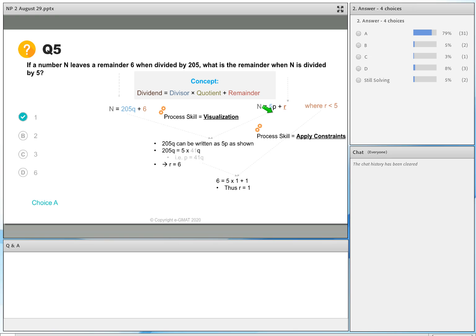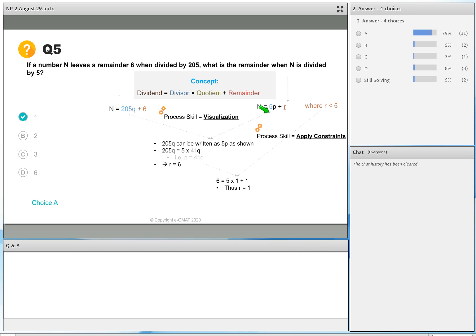Now, because the remainder is always smaller than the divisor, R has to be less than 5. Okay, now I am again going to use what I have, which is N equal to 205Q plus 6, to write what I want, which is 5P. So from a 205, I have to get 5. Very easy again.